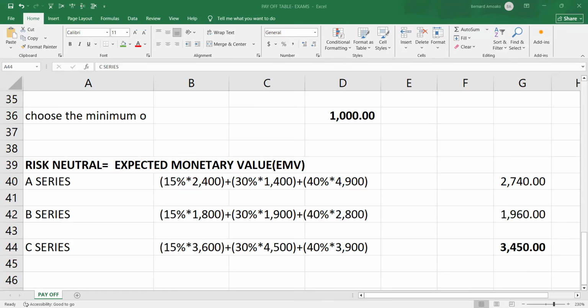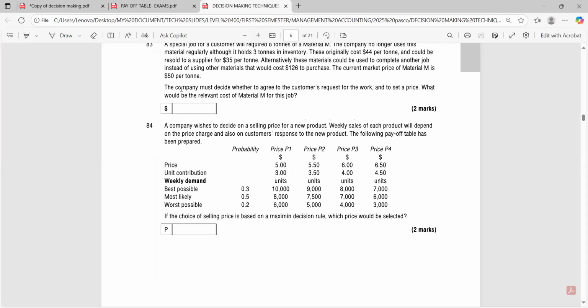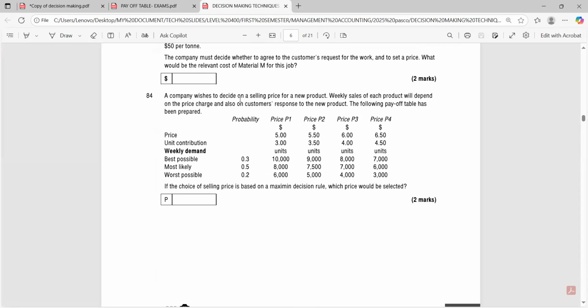Okay. So look at a question like this. These are the question banks your madam can take a question from. A company wishes to decide on a selling price for a new product. The weekly sales of each product would depend on the price charged and also on customers' response to the new product.